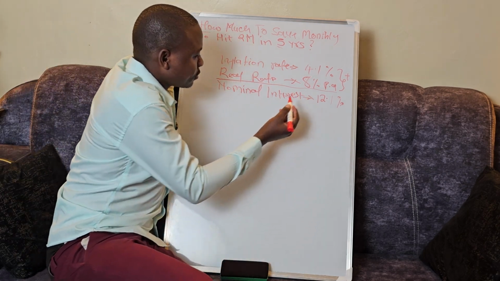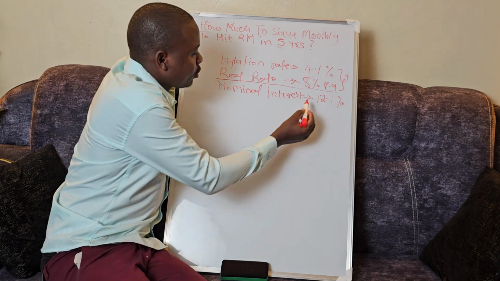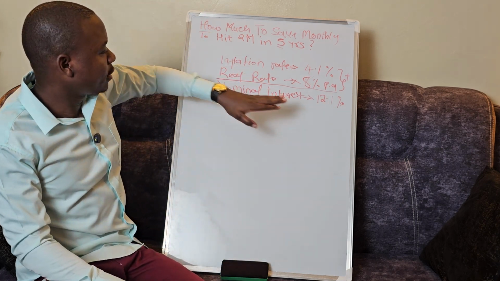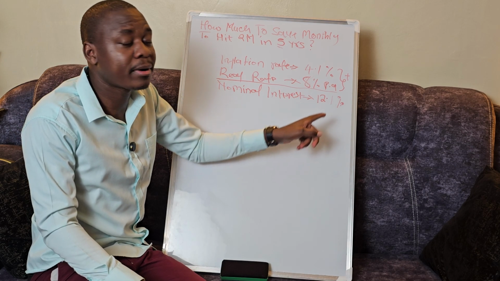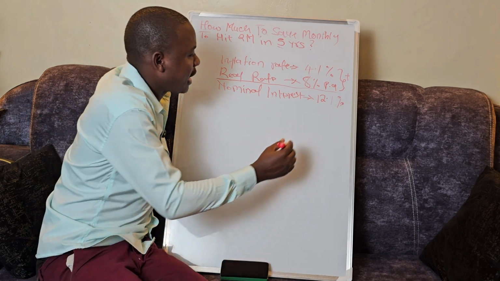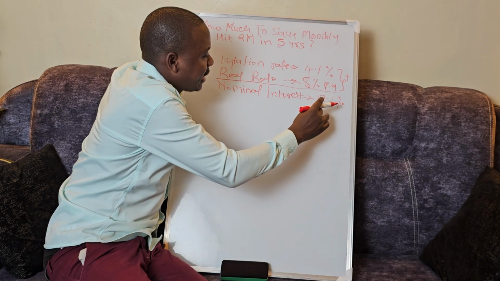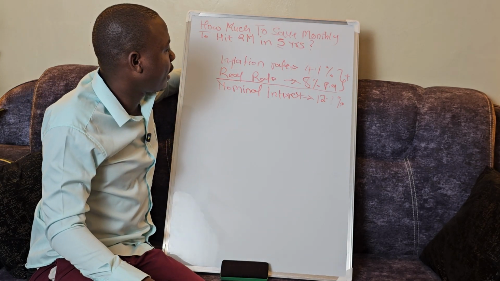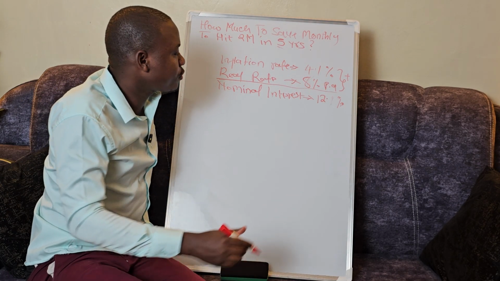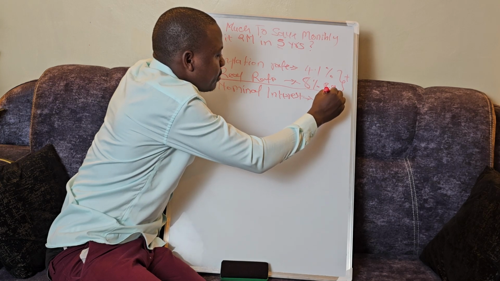So this is what we are going to use. The financial institution has offered you 12% per annum for you to save with them.